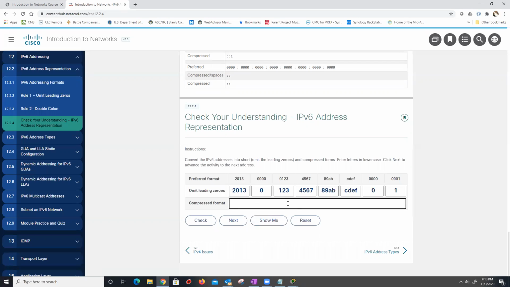And really, there's not any compressed format other than what we've already got there. You could get rid of the 0 here, and the only thing you do is put a colon there to do compressed, which doesn't really gain you much. It just replaces one set of quad zeros.